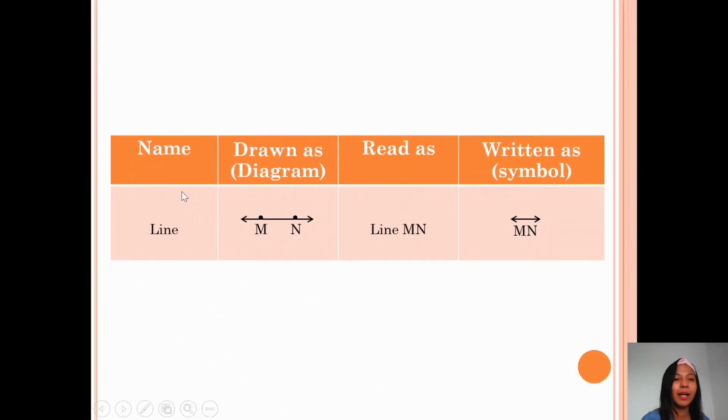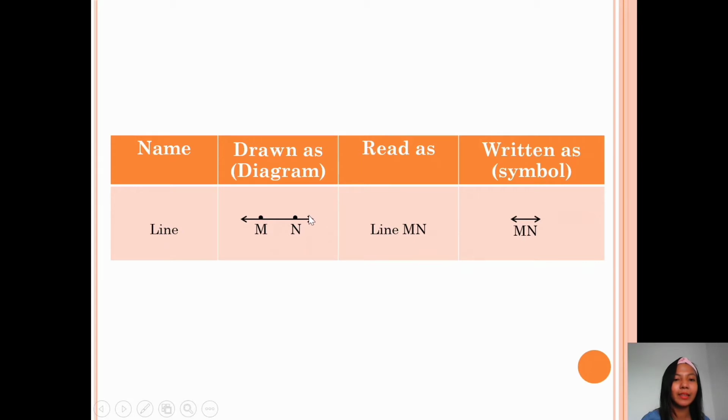So next, we have here a line. Everybody say line. So this is an example of what a line looks like. As you can see, it's a straight line. When you connect 2 points, it forms a straight line.